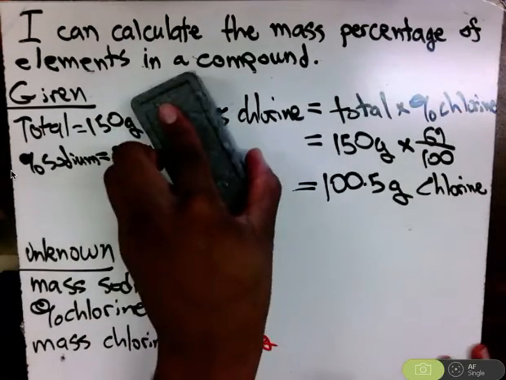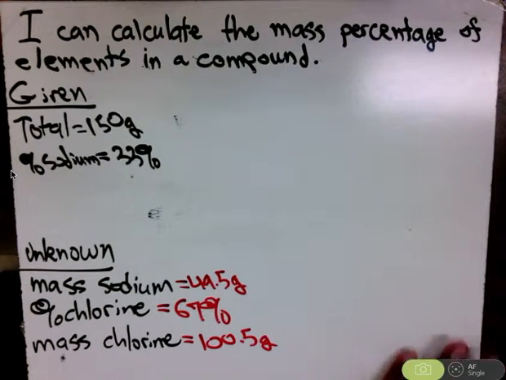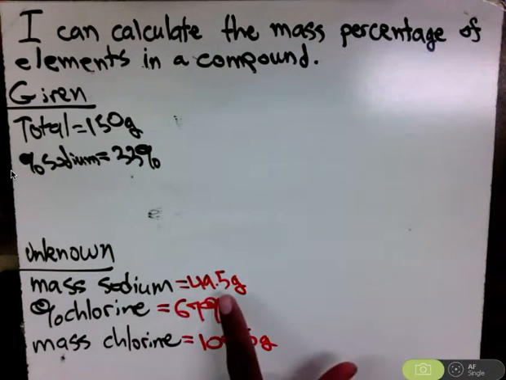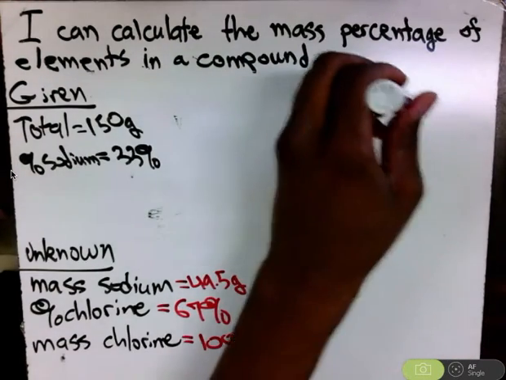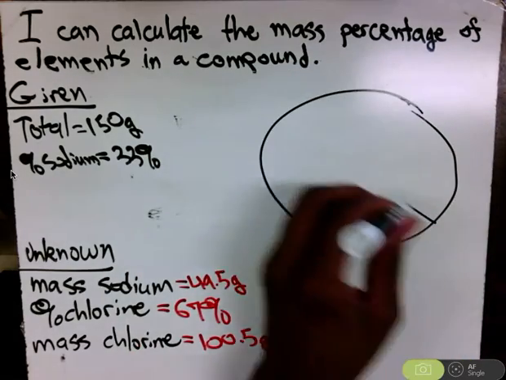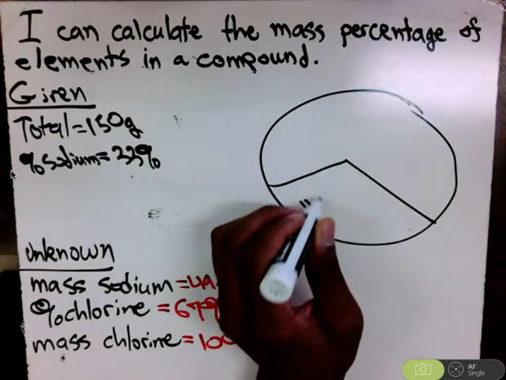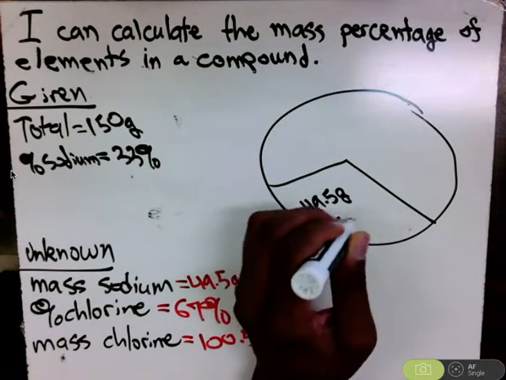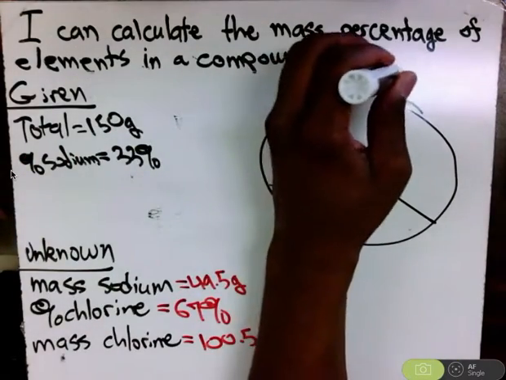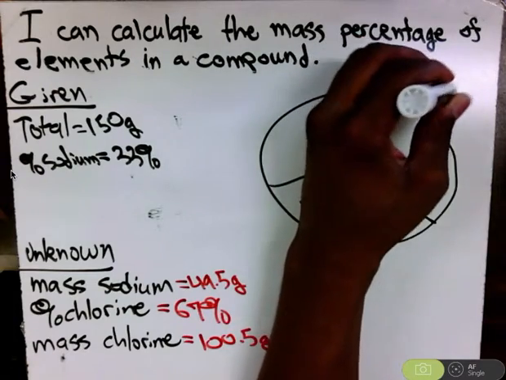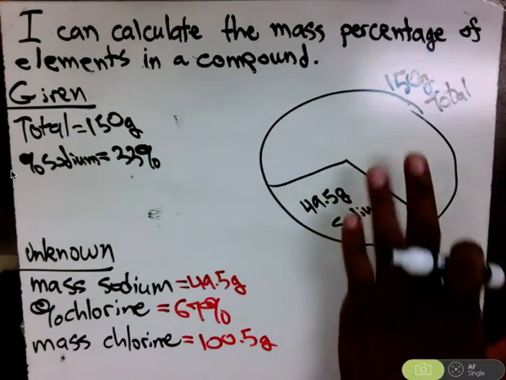But here's another way we can find that mass of chlorine without using that percent. I know that the mass of sodium is 49.5 grams. Once again, I'm going to draw my pie chart. I know that my total is 150 grams. That's the size of the whole pie. So how do I find the mass of chlorine?